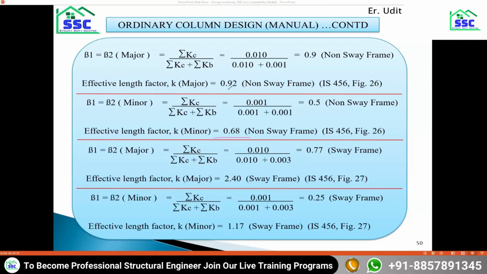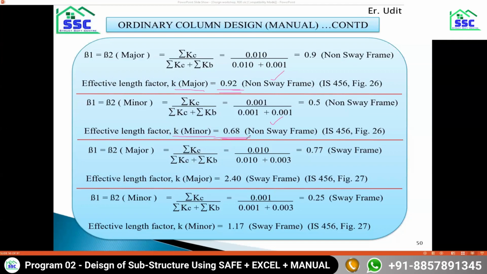Okay. So our effective length factor for non-sway frame, which is what we are going to use for ordinary column, we have assumed our frame as non-sway intentionally. That time our effective length factor along major axis is going to be 0.92 and along minor axis it is going to be 0.68.